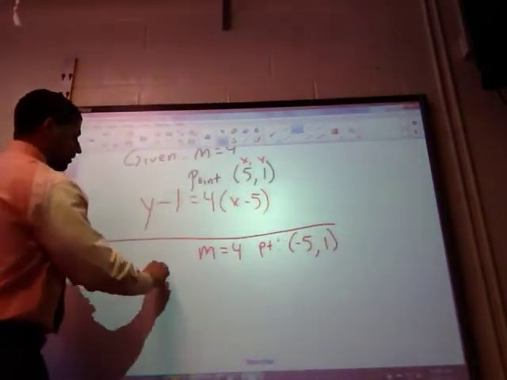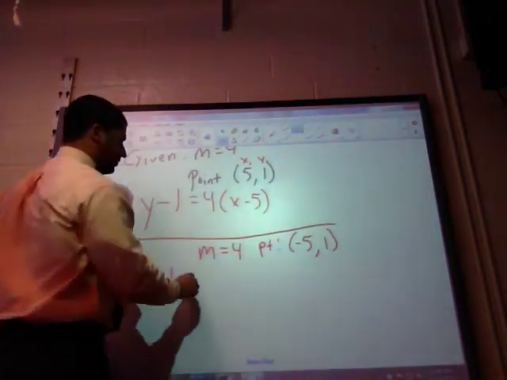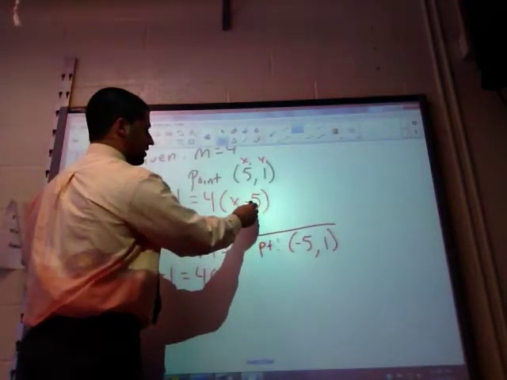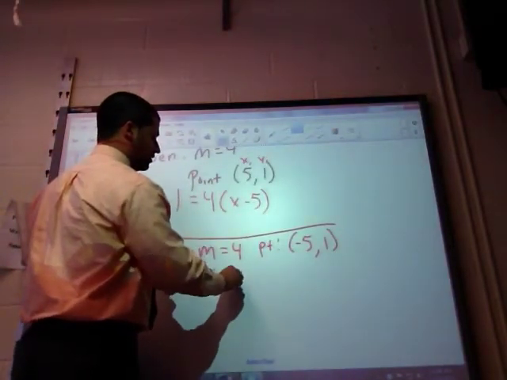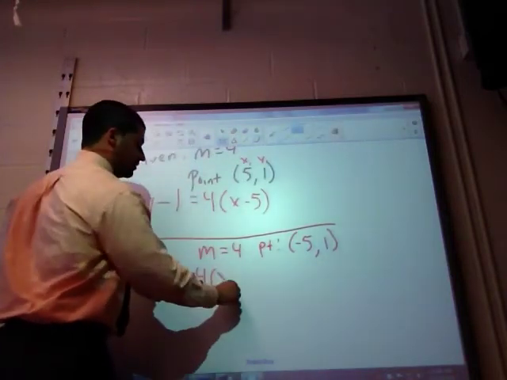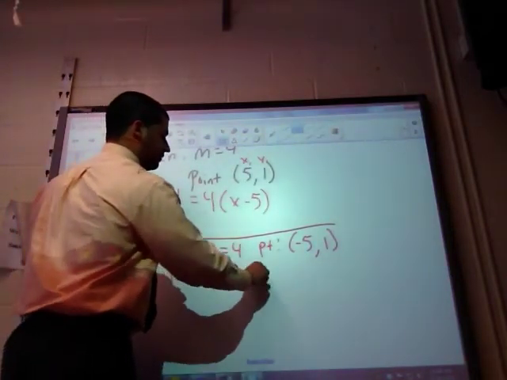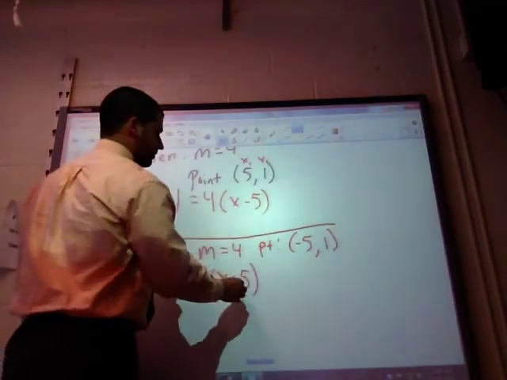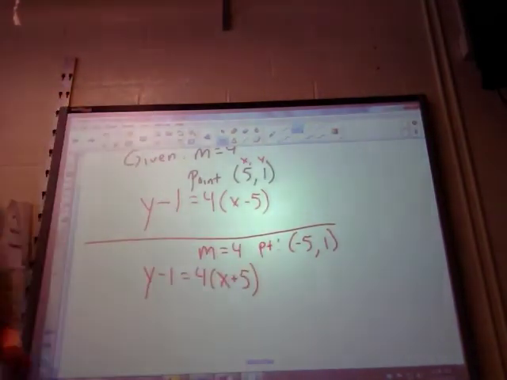I would say y minus 1, because it's still positive, equals 4 times x. Now since this is negative, that negative becomes minus minus, which is plus, x plus 5. So because of the negative, it makes a minus minus, which turns to a plus. Right? Two negative signs in a row means addition, because it's negative subtraction.